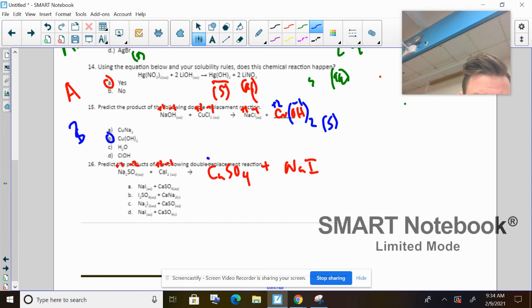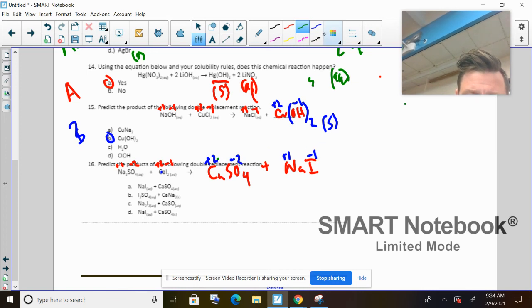So Ca is going to be +2, SO4 is going to be -2, because I just bring the charge from over here. Na is +1, I is -1. Now let's make sure our charges cancel out. Now let's balance it. Ca is 1 over here, 1 here. SO4, 1 there, 1 there. Na is 2 over there, so I need 2 here. That also helped me with the I's as well.